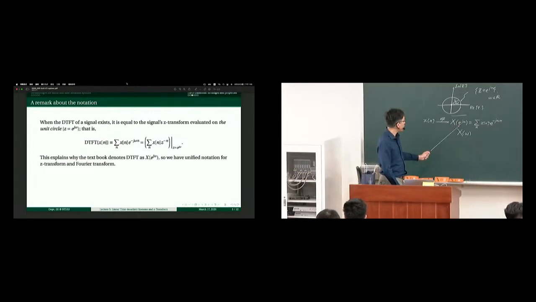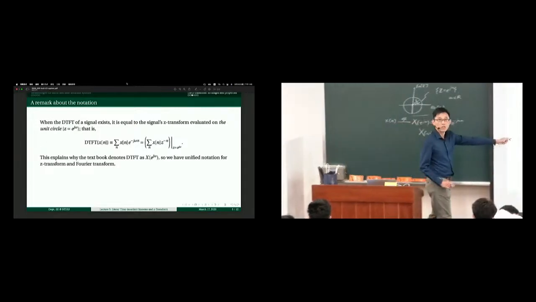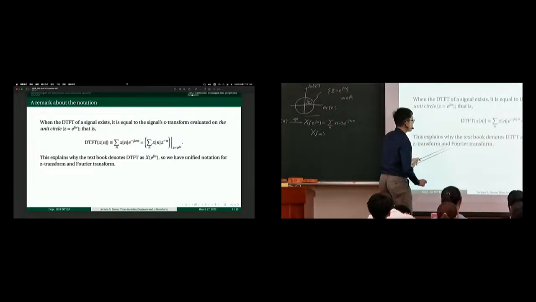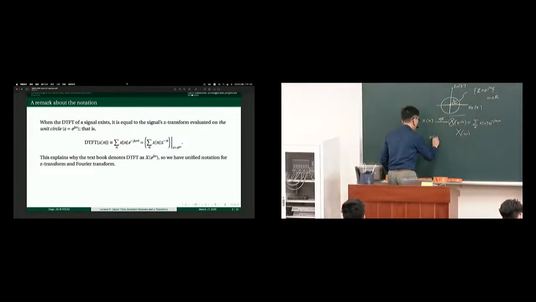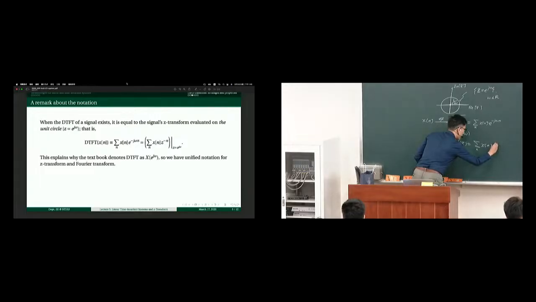Notation is just notation. Use whatever you want, right? But there's a reason why the textbook suggests that we put e to the j omega inside here. And the reason is that we want to have a unified notation, emphasizing that the DTFT is the Z transform. If you just use script Z to refer to the Z transform, big X of z equals the summation over all n of x[n] z to the minus n.